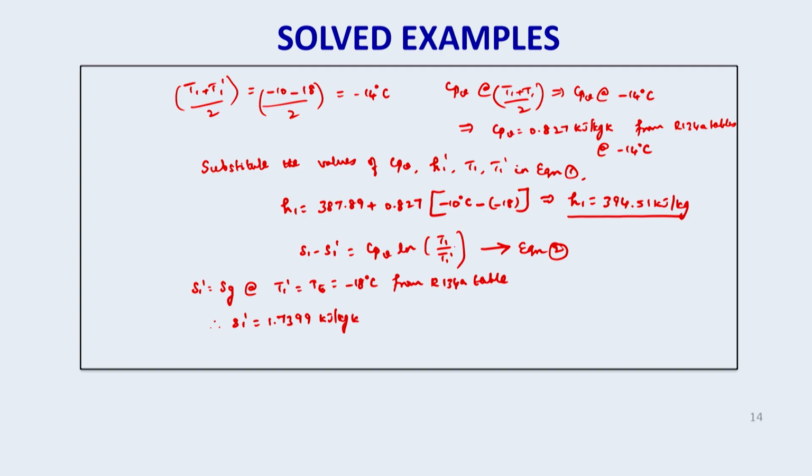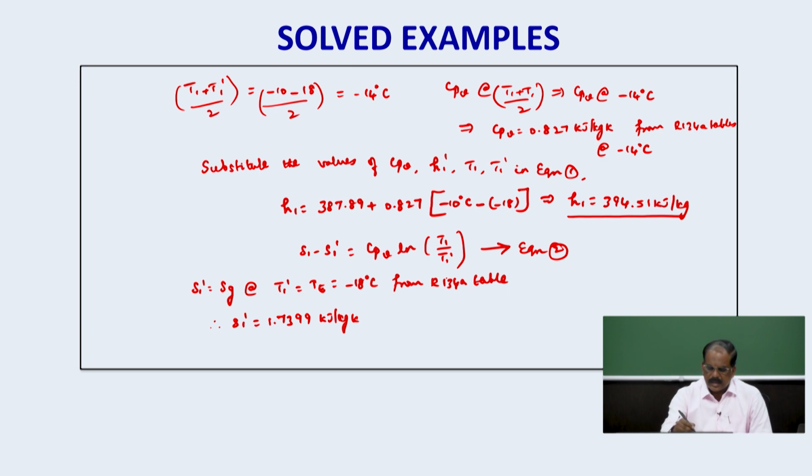This Cp of vapor is to be calculated for the average temperature of T1 and T1 dash. Since we have already calculated and taken the Cp value as 0.827, we will be substituting it in this equation. Now substitute S1 dash, Cp of vapor, T1 comma T1 dash in equation 2.